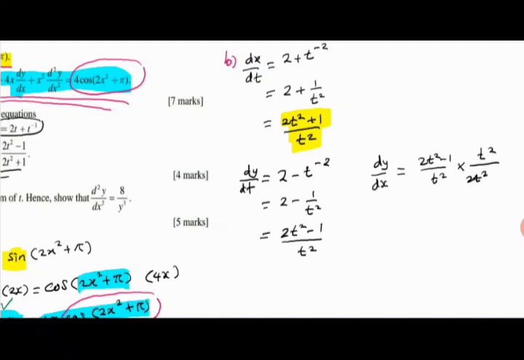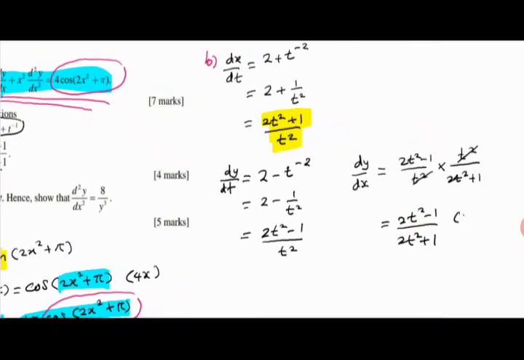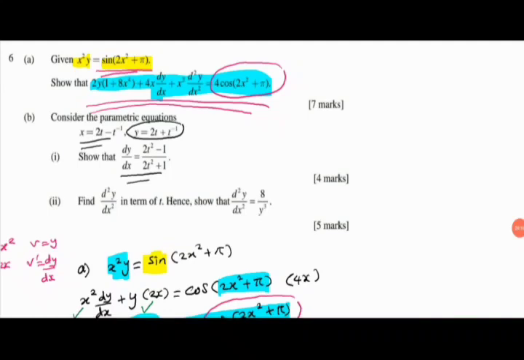So we have t square over 2t square plus 1. And then we can cancel t square and t square here. And lastly, we are going to obtain 2t square minus 1 over 2t square plus 1. Okay, so that is our dy dx shown.